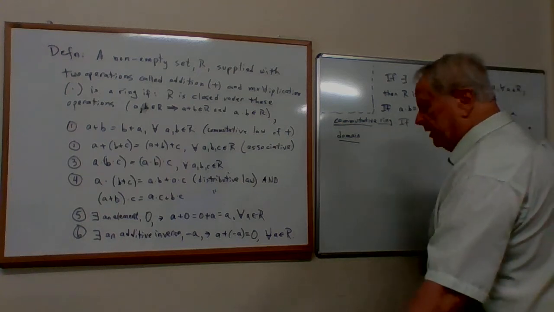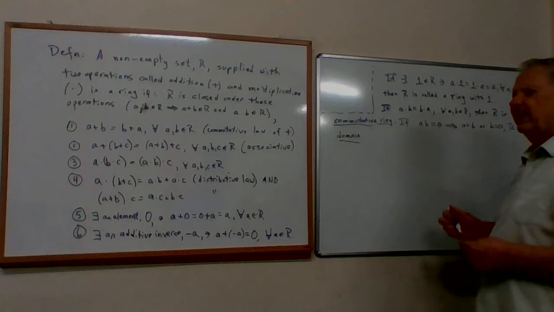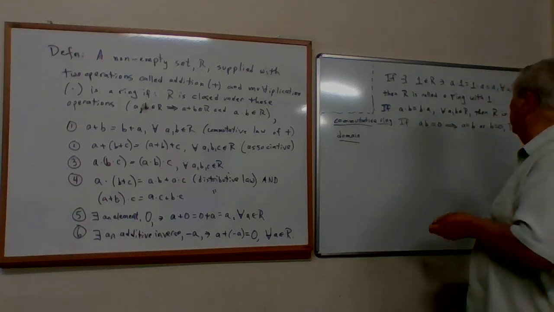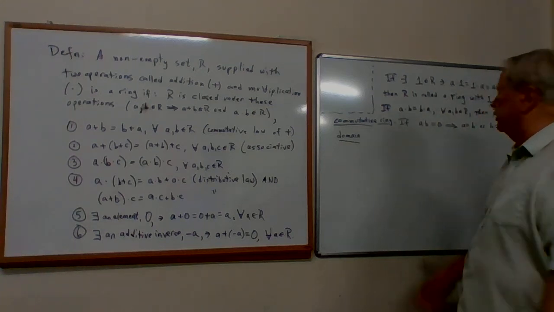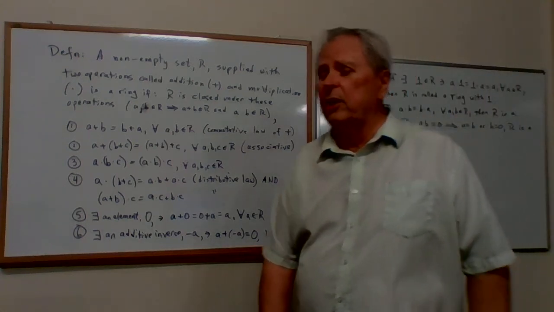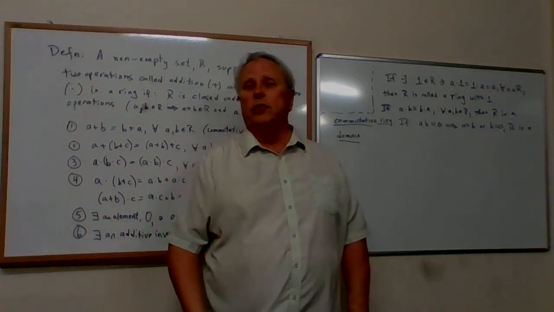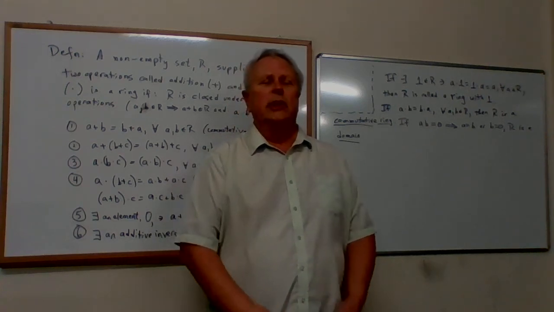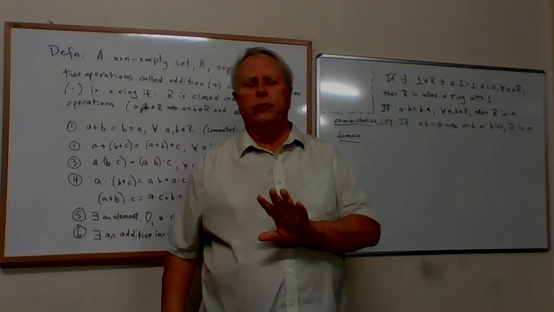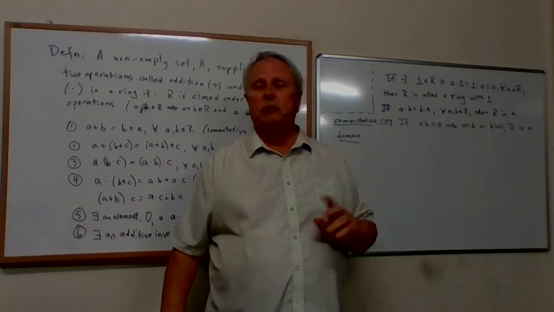Okay, now let me talk a little bit about these, because you would think, well, of course, that's obvious. If you had two things that were not 0 and you multiply them together, you can't possibly get 0. Well, that's not always true. We're going to be discussing in a few minutes, for example, the idea of a matrix. It's possible to have a non-zero matrix multiplied by a non-zero matrix, and lo and behold, you get 0 as the result.